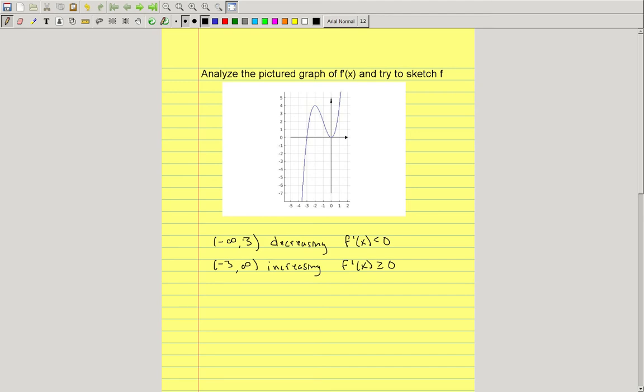There is one point here where it does intersect with the x-axis again, but that's okay. So this tells us that because the function goes from decreasing to increasing at negative 3, there must be a local min at x equals negative 3.